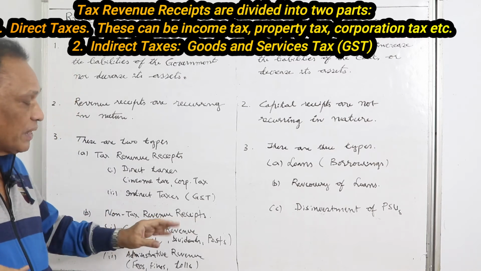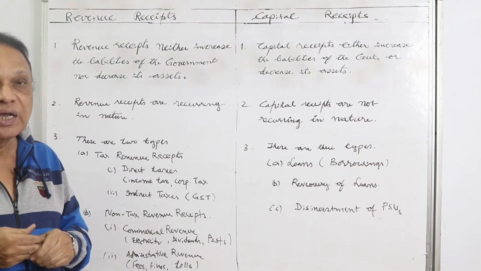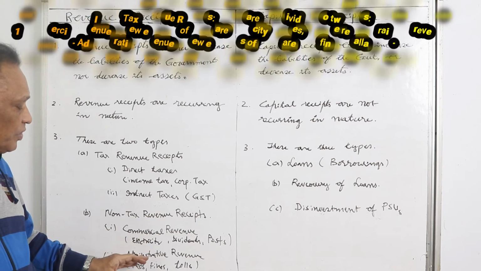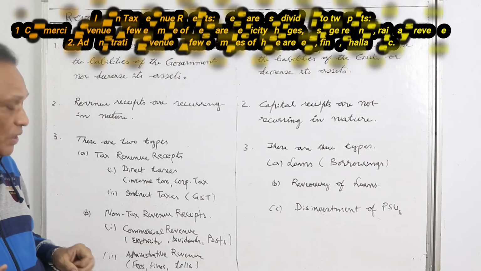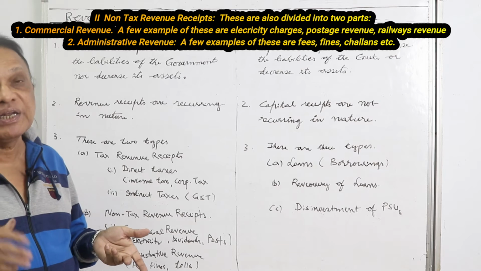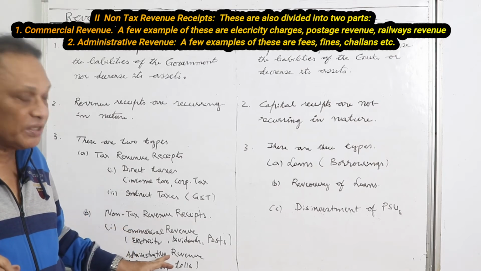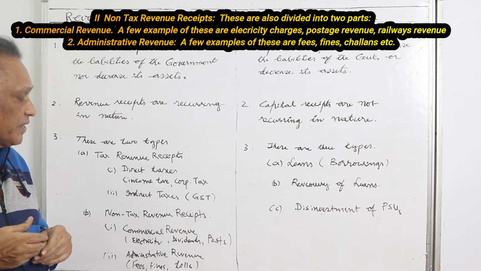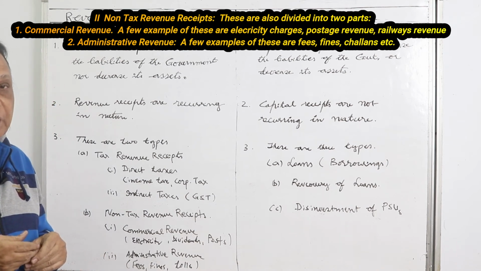Then you have non-tax revenue receipts, which are divided into commercial revenue and administrative revenue. What is commercial revenue? This is the revenue which the government gets by selling goods and services. This can be electricity, dividends, postage stamps, they sell it, so they are collecting some revenue from the public.